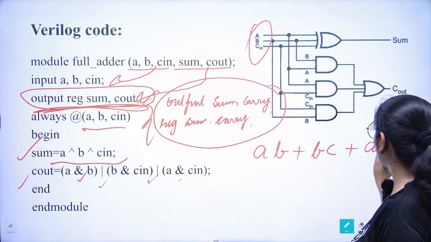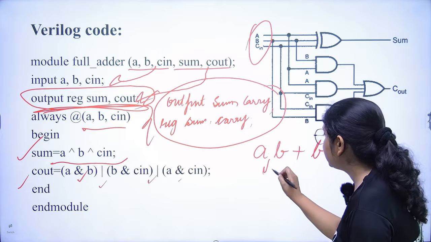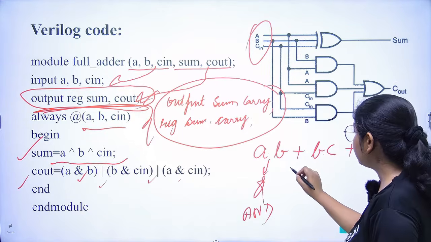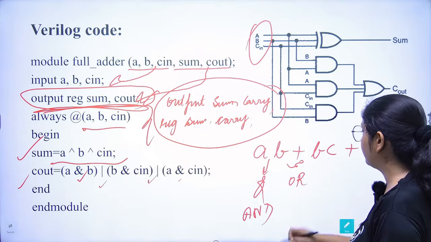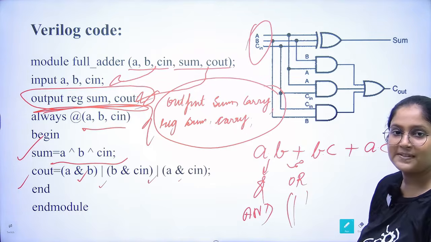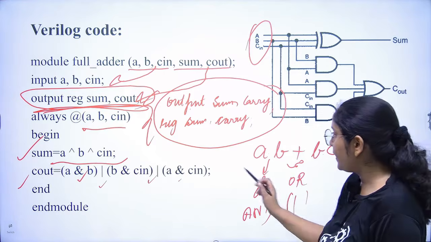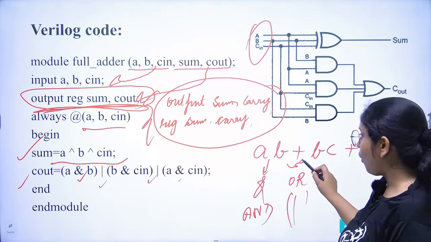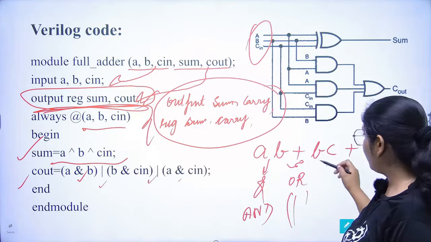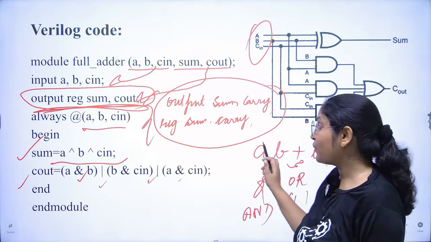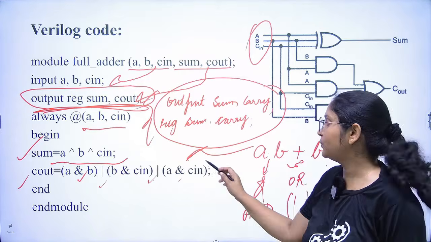Here the dot means this is an AND operation, right? This is an OR operation, right? These are the symbols we use. So similarly, we would write it this way: A and B, or B and C in, or A and C in, right? Directly from the expression we can do it this way.